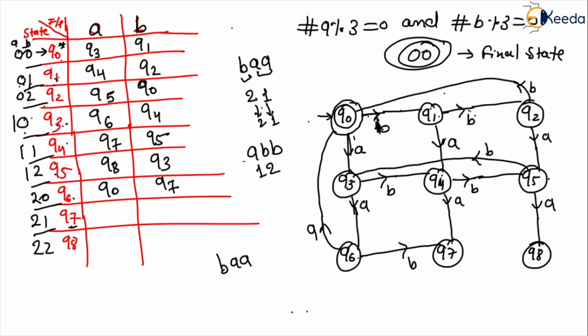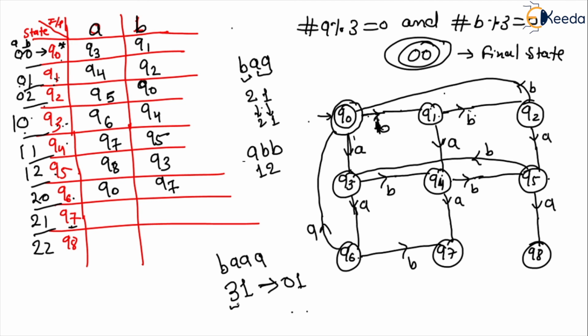Using this string, you reach Q7, and when you apply the input A on this string, it becomes B triple A. So how many A's in this string? That is 3. How many B's? 1. So 3 by 3 is 0 and 1 by 3 is 1. You just find out the remainder.